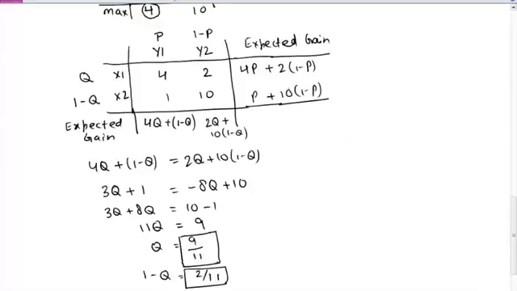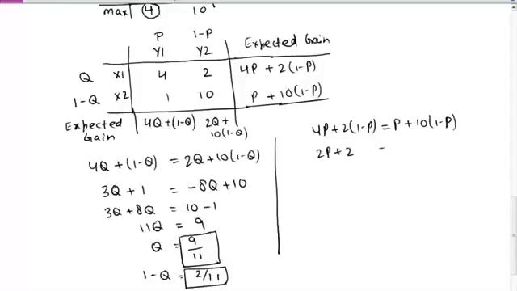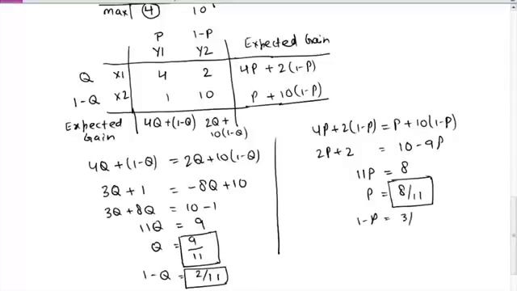If you equate the two, you get this. If you rearrange, 4p minus 2p will be 2p plus 2 equals, and this becomes 10 minus 9p. 9 plus 2 becomes 11, and this becomes 8, so p equals 8 over 11. Similarly, 1 minus p will be 3 over 11.